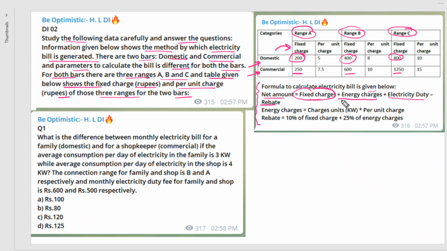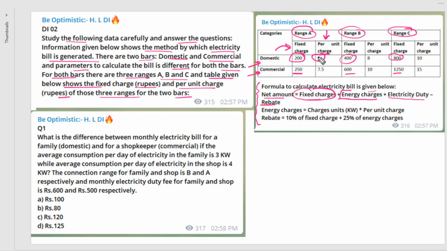Okay, and there are some energy charges, right? Now what are the energy charges? You can see in the second column, that is per unit charge. What does it mean? It means whatever units you have consumed in your domestic home or your commercial factory, that is multiplied by 5.